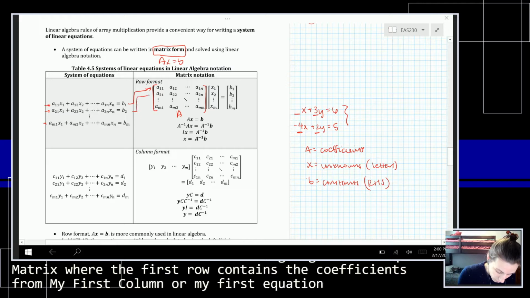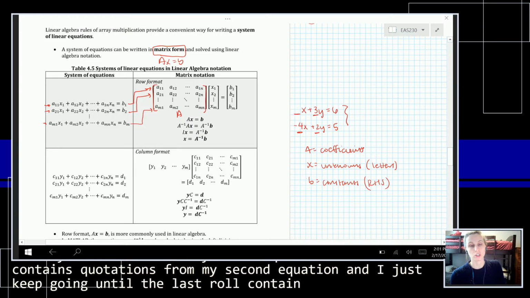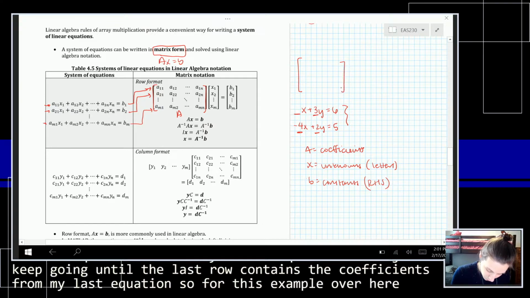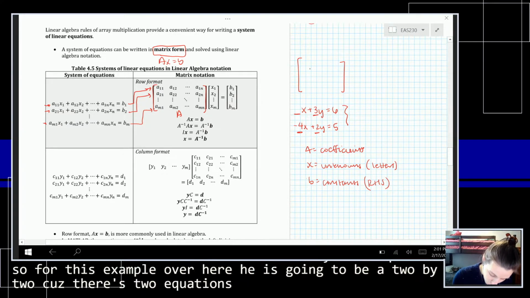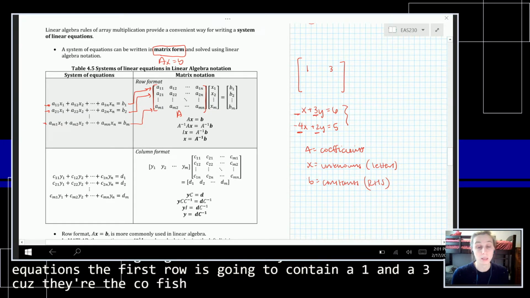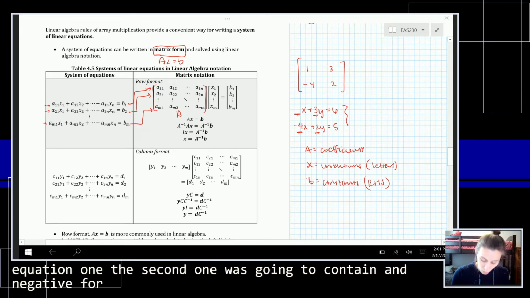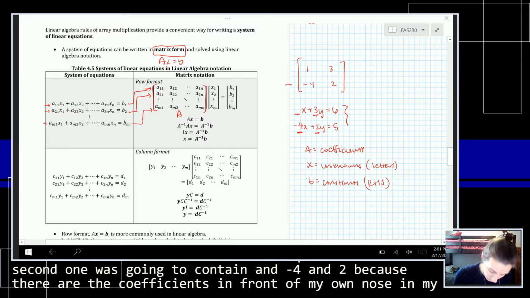The second row contains coefficients from my second equation, and then I just keep going until the last row contains the coefficients from my last equation. So for this example over here, A is going to be a 2 by 2 because there are 2 equations. The first row is going to contain a 1 and a 3 because those are the coefficients from equation 1. The second row is going to contain a negative 4 and 2 because those are the coefficients in front of my unknowns in my second equation.